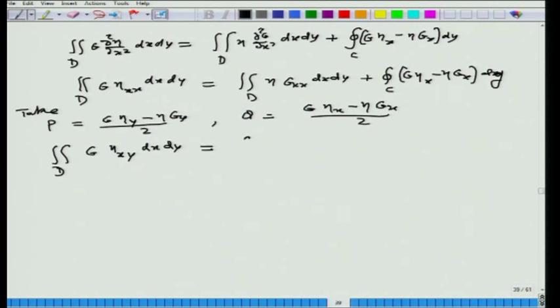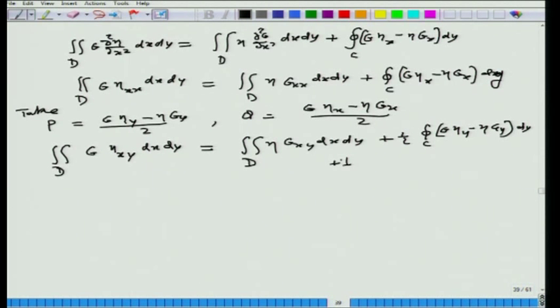These derivatives are shifted on to g, so eta becomes free and g x y dx dy over D, and you get those boundary terms: 1 by 2 integral over C of g eta y minus eta g y dy, minus 1 by 2 of g eta x minus eta g x dx. So, this is for the mixed derivative.